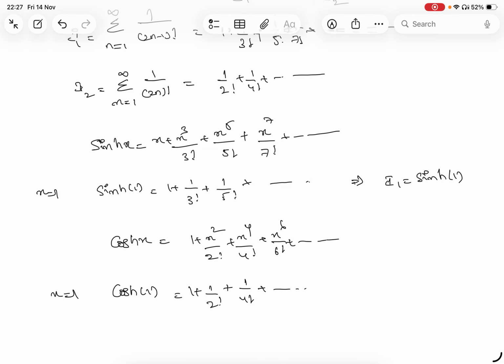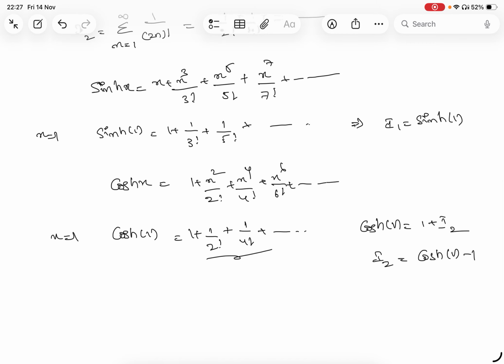As you can see, I2 starts from 1 by 2 factorial, right? Then cosh of 1 is 1 plus I2, right? Then I2 is cosh of 1 minus 1.